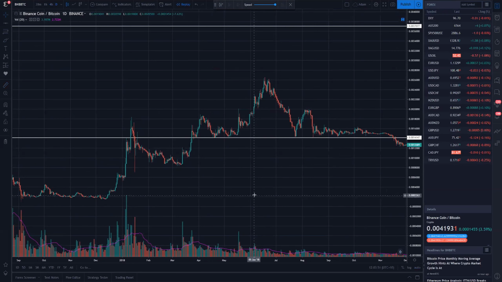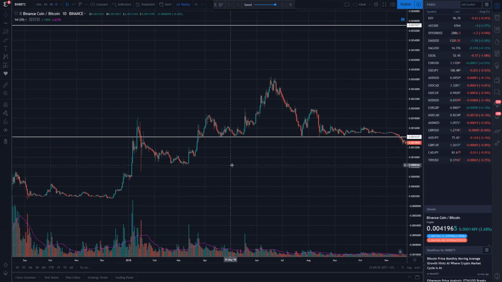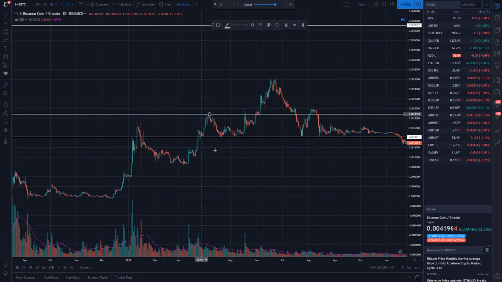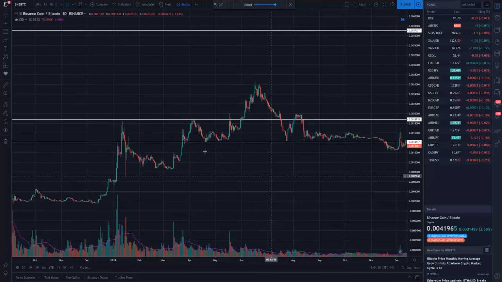So looking for support, if you were charting this yourself, you'd be looking for prices where, a line where price would be pushed off from. And then for resistance, you'd be looking for the polar opposite, where price has been held and been rejected, something like that, I would think.